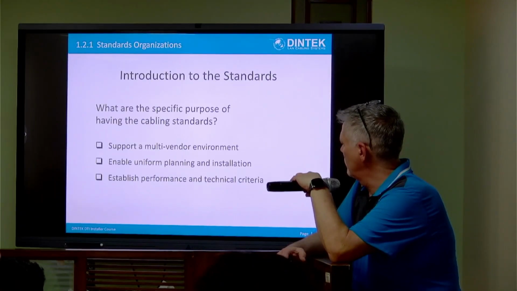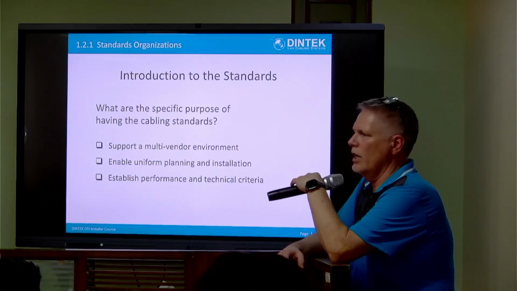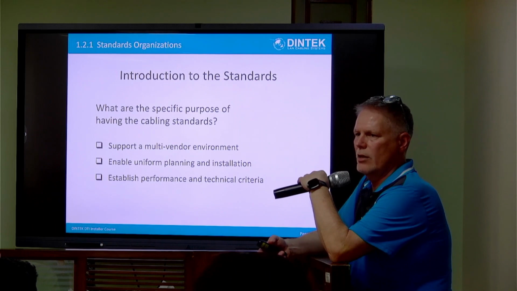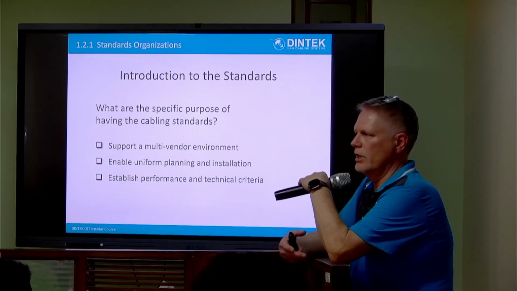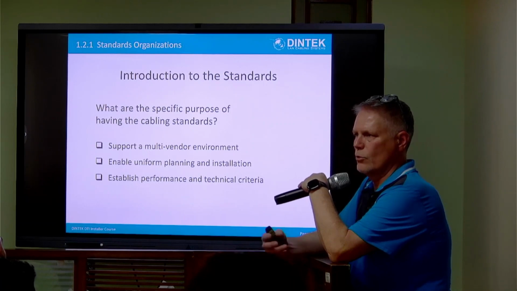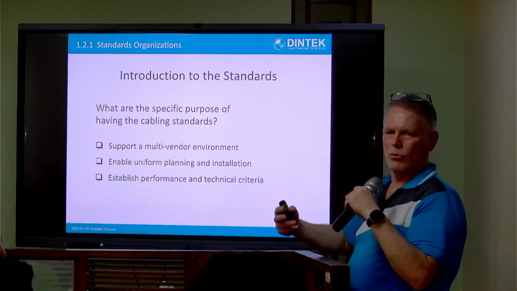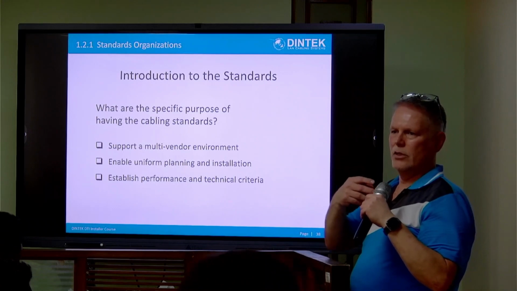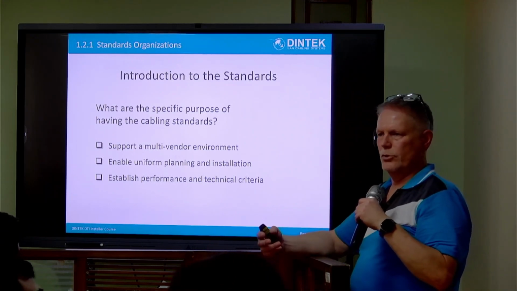If we look back at the way telecommunications cabling was in the early 90s or late 80s, we had probably 7 or 8 different main cabling systems. Installers had to know how to install all of them, test them, and troubleshoot them.